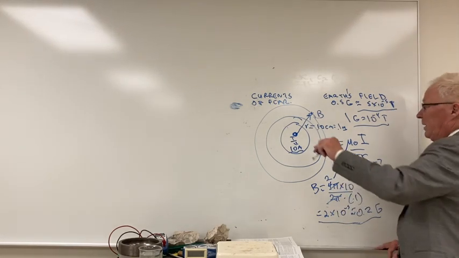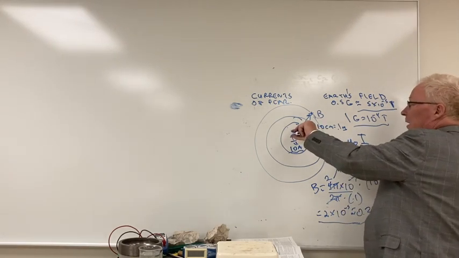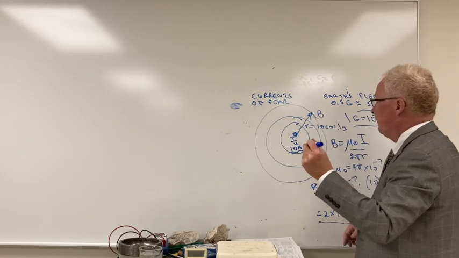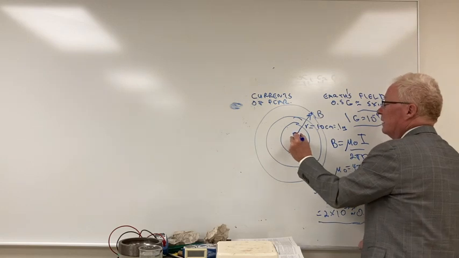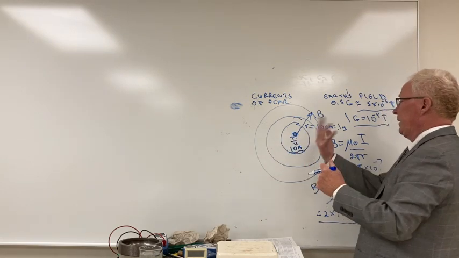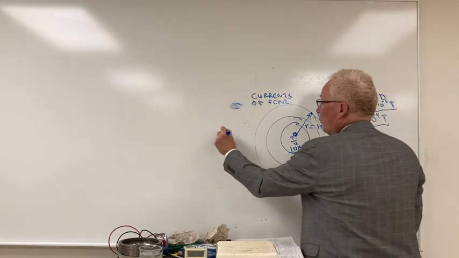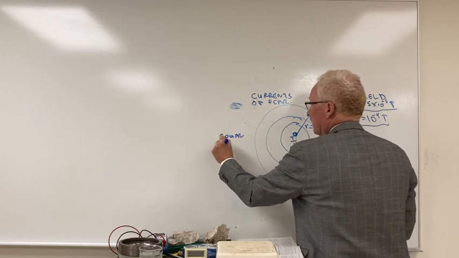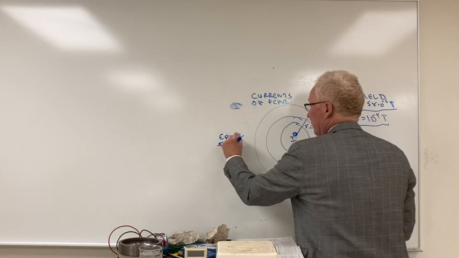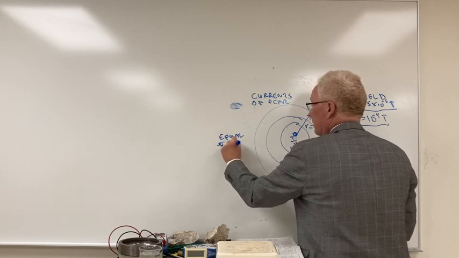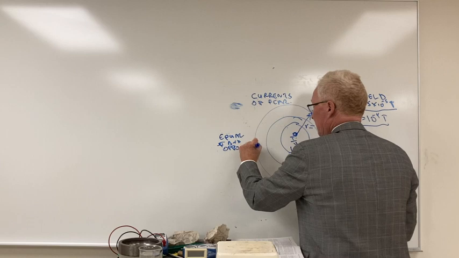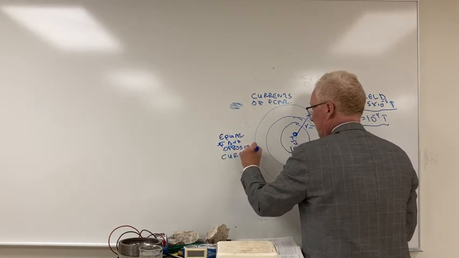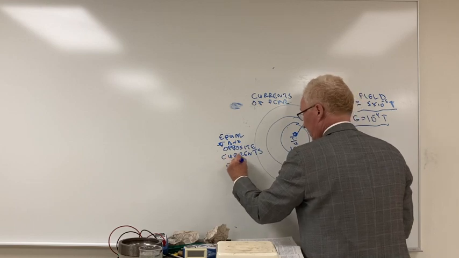One thing about it: if I have a current coming out this way, it produces a magnetic field like that. If I have another one going in, it produces a magnetic field the other way, equal and opposite. With equal and opposite currents, B is 0.